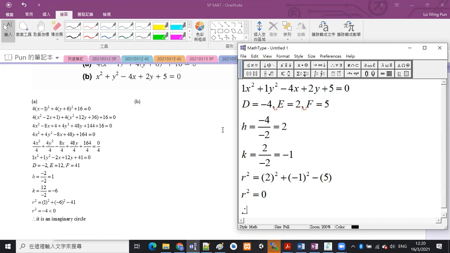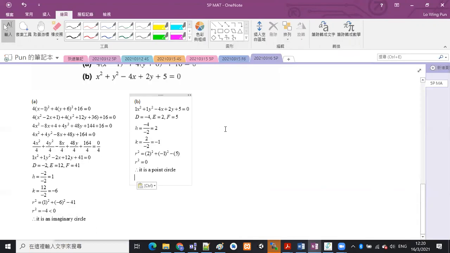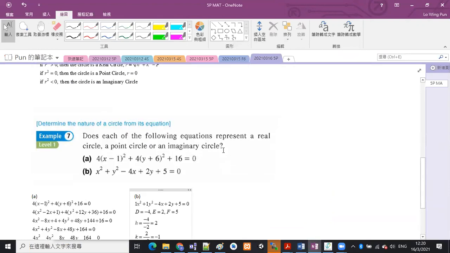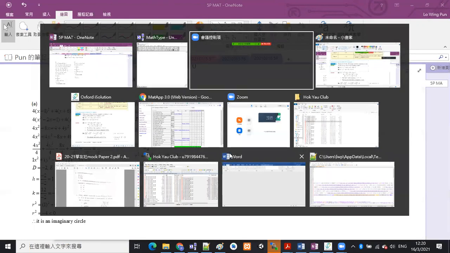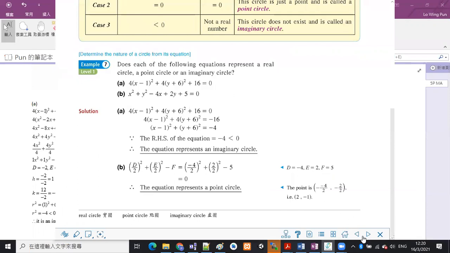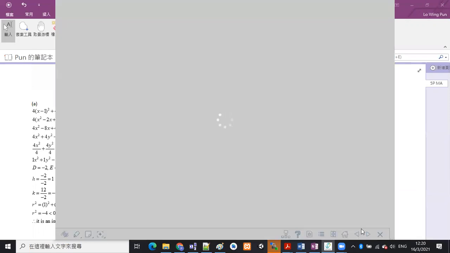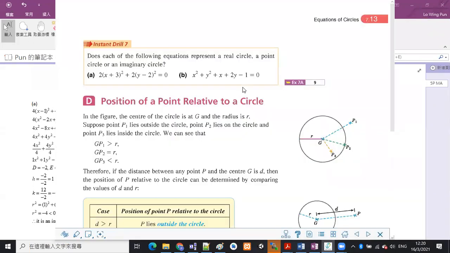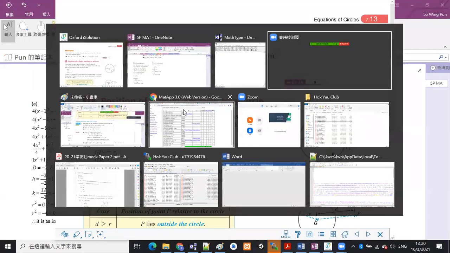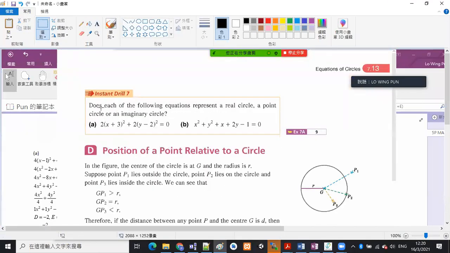Okay, therefore, we can conclude that it is a point circle. It's okay? All right, so I would like you to do the instant drill number 7. So I give you 2 minutes.